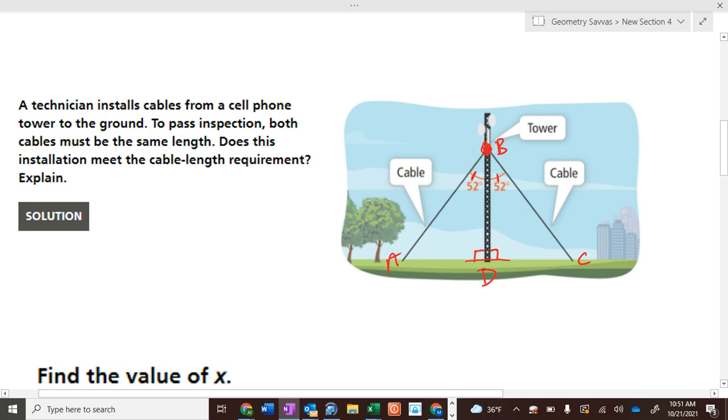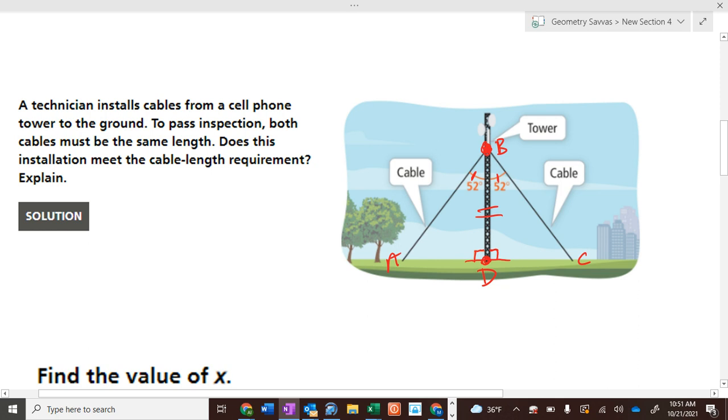What side do I know? From B to D. BD would be congruent to BD. BD is congruent to itself. They're both the same thing, right? So BD in the left triangle would be congruent to BD in the right triangle. That is the reflexive property.